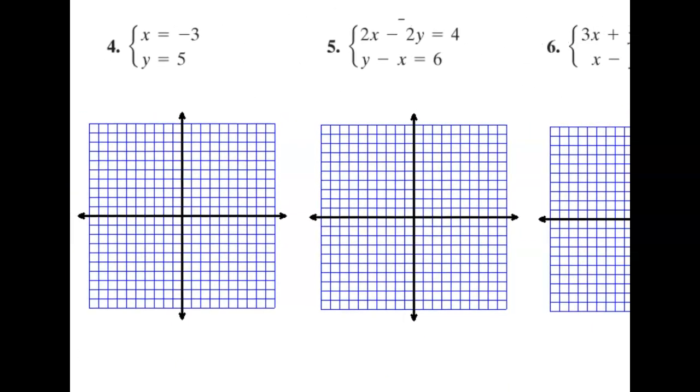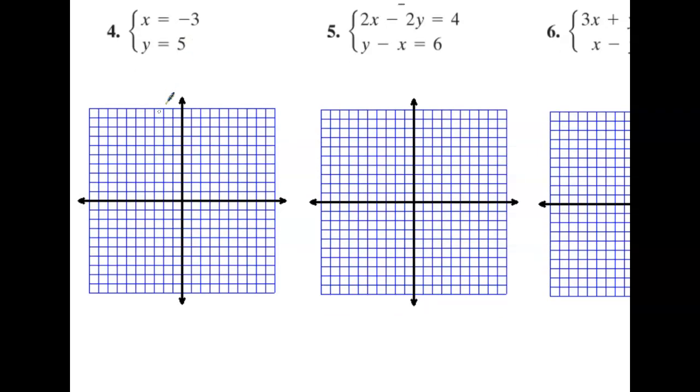We can also have graphs that are horizontal or vertical. So x equals negative 3 is going to be straight up and down. And y equals 5 is straight across.